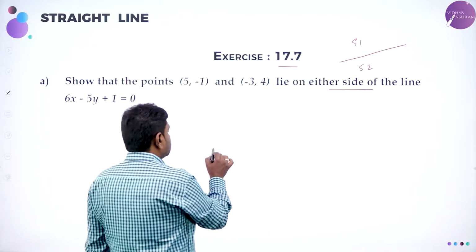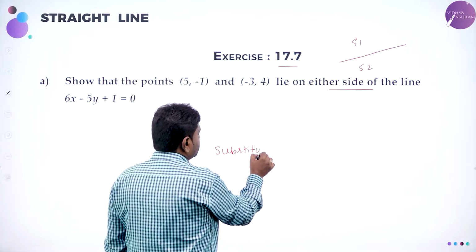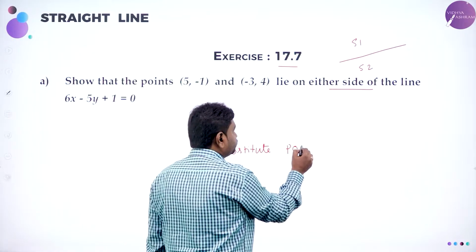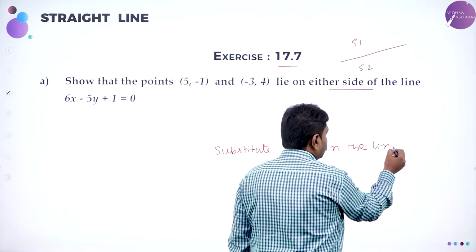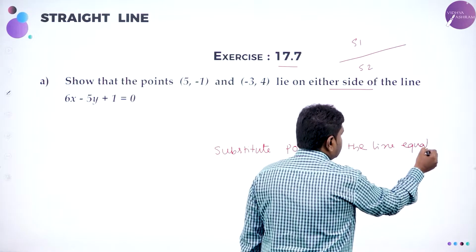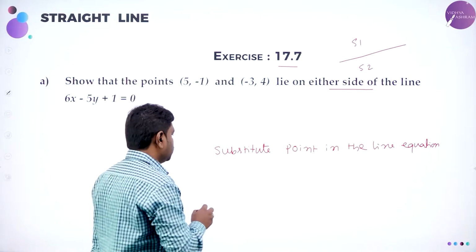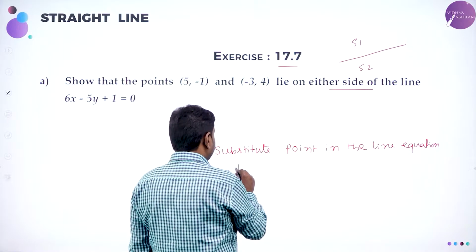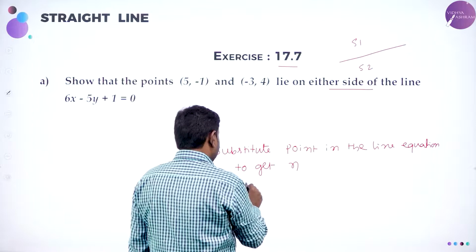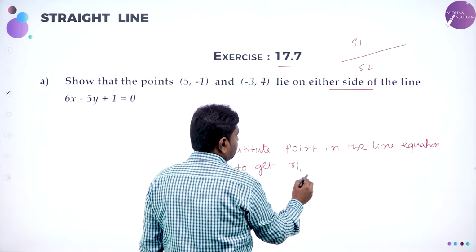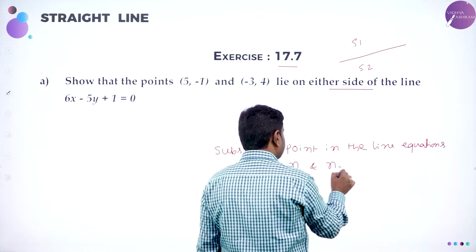So step 1 is simple. Substitute the point in the line equation. When you do this, you will get a number. Case 1: for the two points, we get n1 and n2.